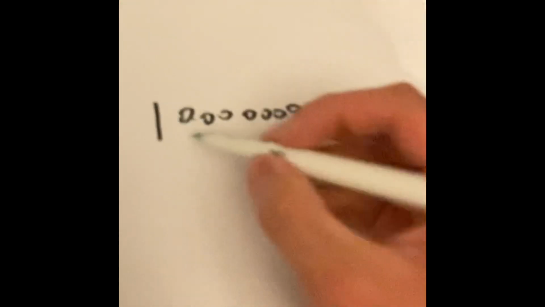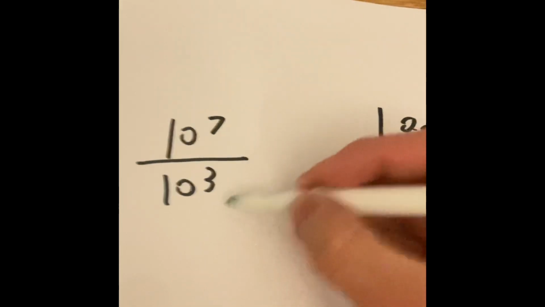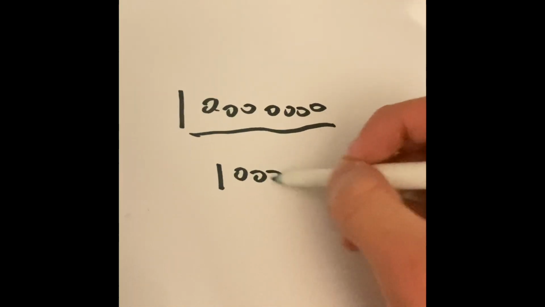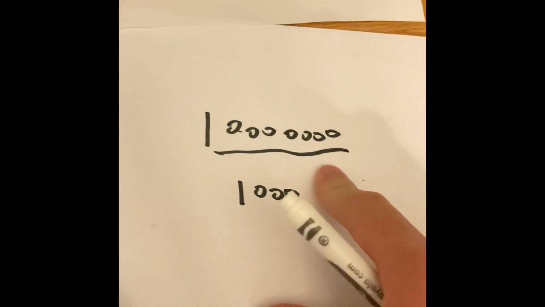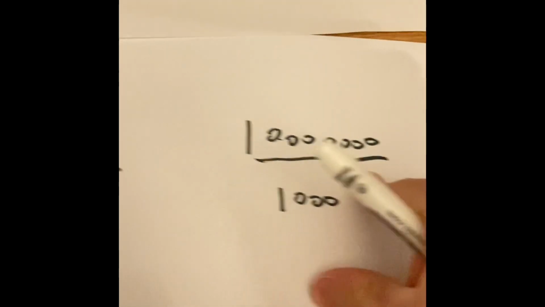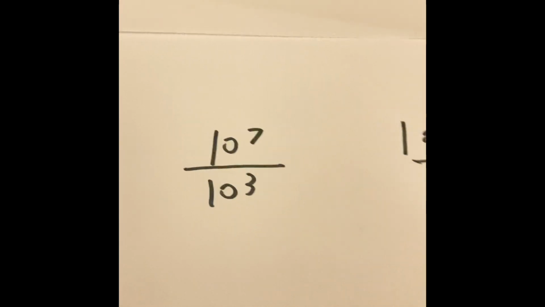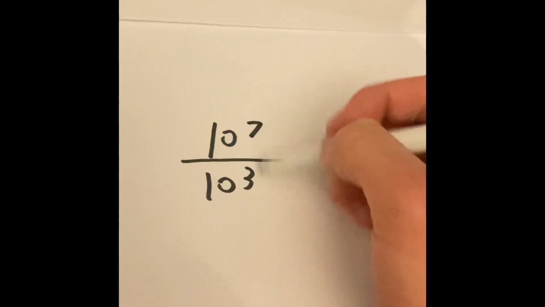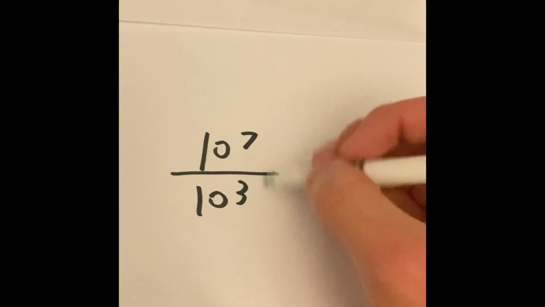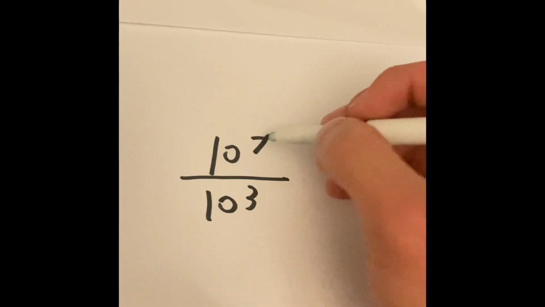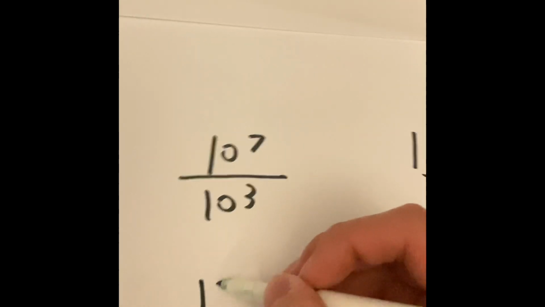We write 7 zeros, 1, 2, 3, 4, 5, 6, 7, being divided by 3 zeros, 1, 2, 3. But that is a little hard to do. There's actually a secret hack. When we are dividing, we could subtract the 2, because 7 minus 3 is 4. 10 to the power of 4.